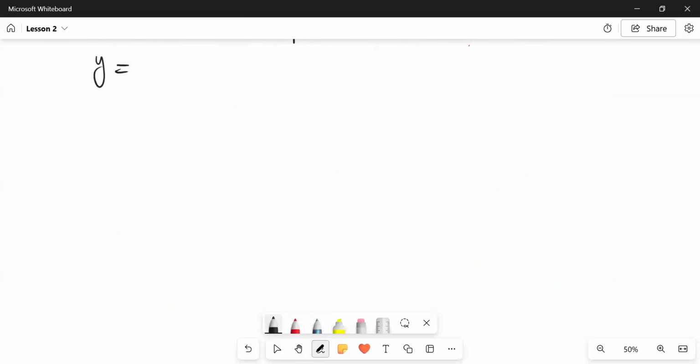y equals cos 1 over 2 x. For the new period, again, we need to say 360 divided by the value of k, that's a half, 1 over 2. So you'll have your 720 degrees.